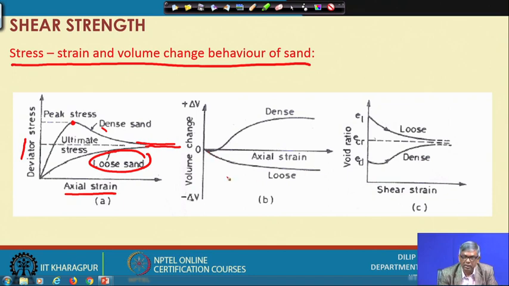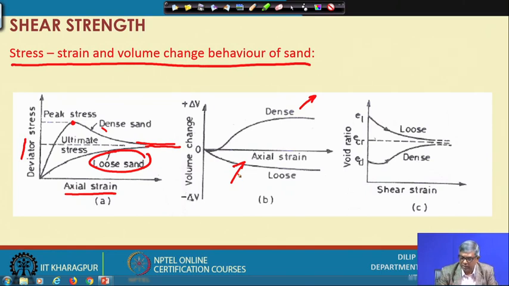For dense sand, the volume decrease occurs initially up to a certain strain value, but when it exceeds that strain value, there is a volume increase, that is dilation, because dense sand has a dilation effect. So, dense sand behavior is almost similar to over consolidated clay, and loose sand behavior is similar to normally consolidated clay.